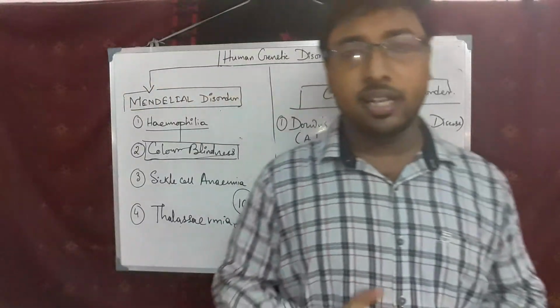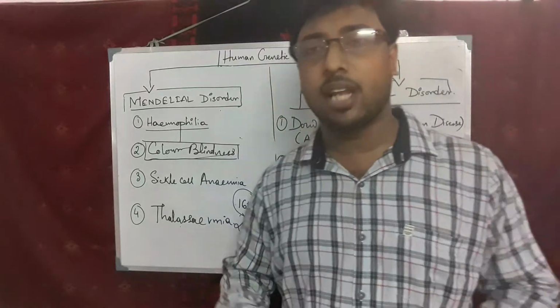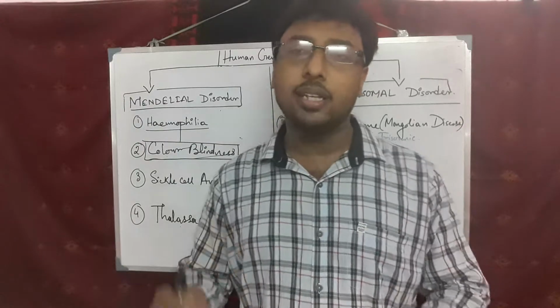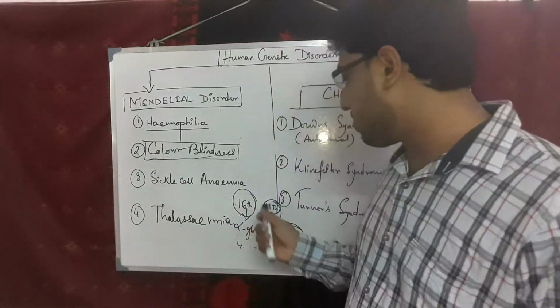Alpha thalassemia and beta thalassemia are the types of thalassemia. There are also delta thalassemia and other types, but the most important are alpha and beta. Alpha is caused by chromosome number 16 and beta by chromosome number 11.